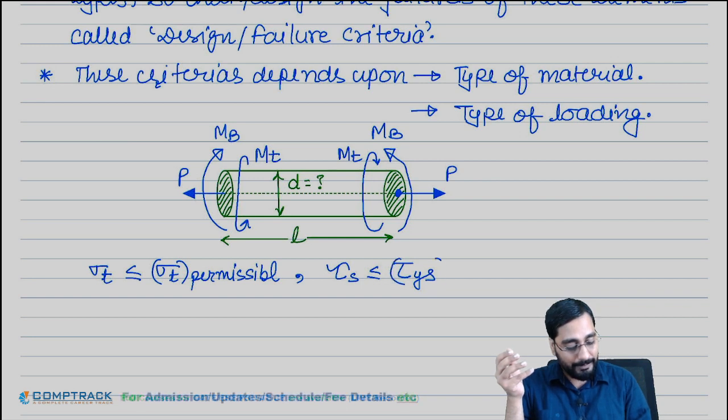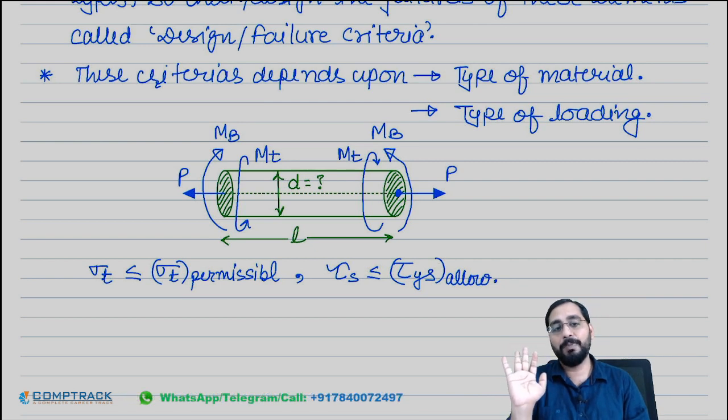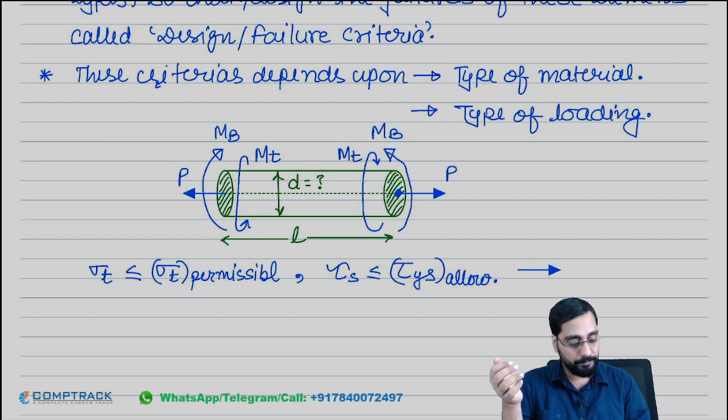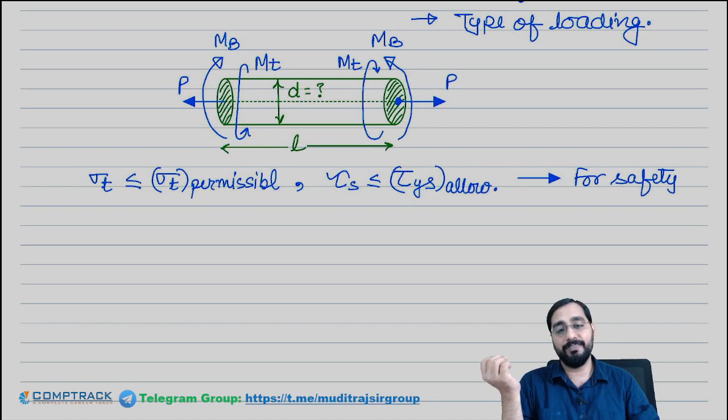Okay, and this is the allowable, or you can say maximum. So like this, the value of induced stresses in the element must be within the permissible limit. Only then will this be called your safe design. Yes or no? For safety, or you can say safe design.